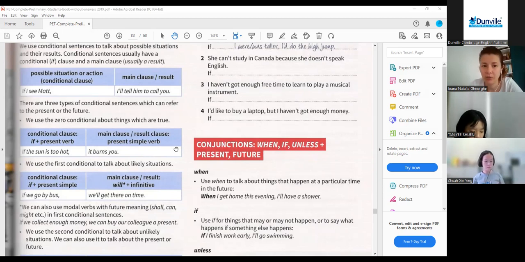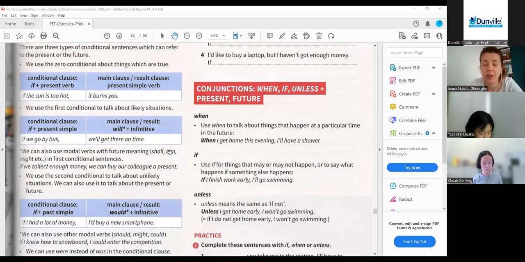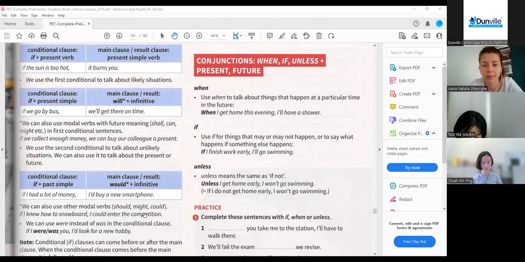First conditional has present tense in the if clause, but then it has a will, a future simple in the main clause. And then the second conditional has past tense in the if clause, and then in the main sentence it would have would. So if I had a lot of money, I would buy a new smartphone, for example.